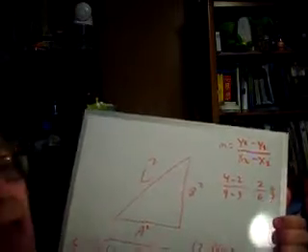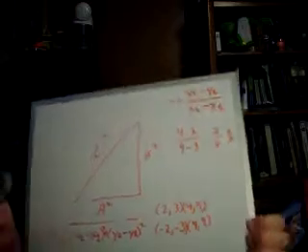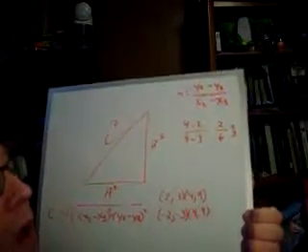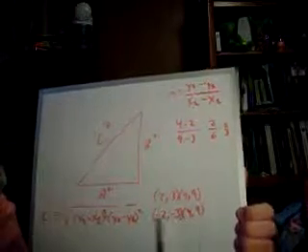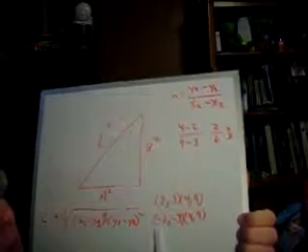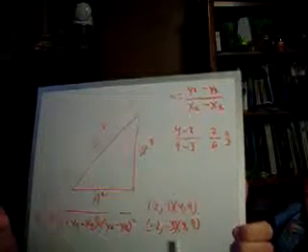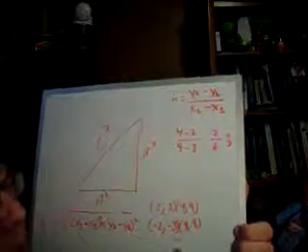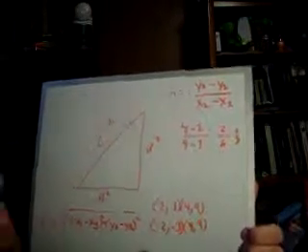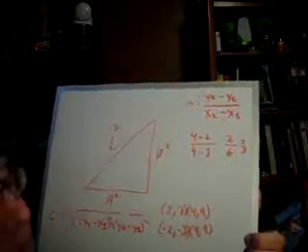Okay, so how can slope be negative? Start throwing in negative coordinates and watch what happens. Okay. 9 minus negative 2 will actually come out to be 11. Alright? And 4 minus negative 3 will come out to be 1.